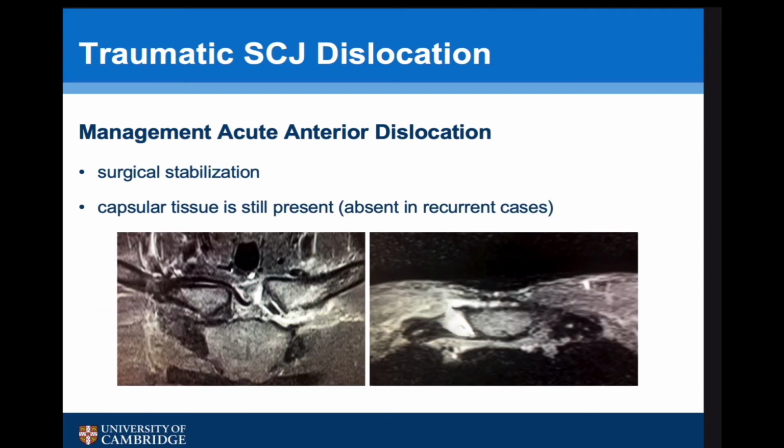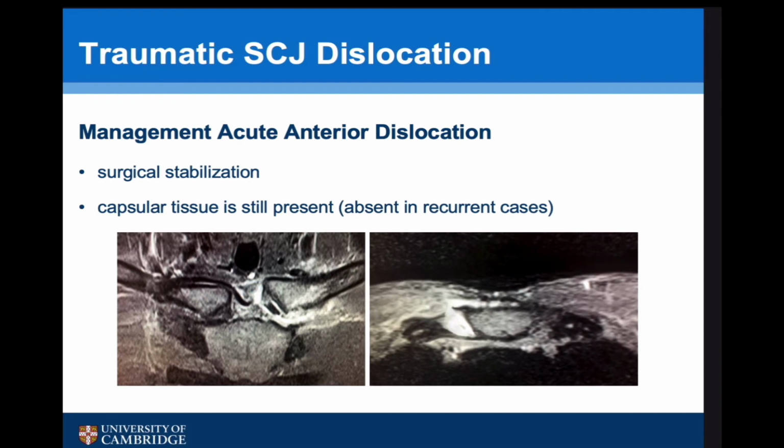The interesting thing about an acute anterior dislocation is the capsular tissues are still present. When someone has a recurrent dislocation, they tend to disappear. When you have recurrent instability of the glenohumeral joint, often the glenohumeral ligaments are still present, so you can undertake a soft tissue stabilization.